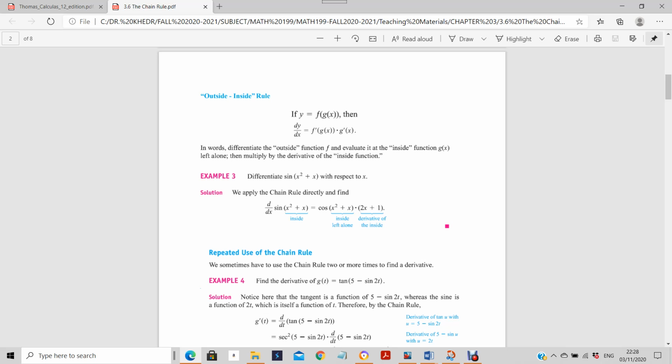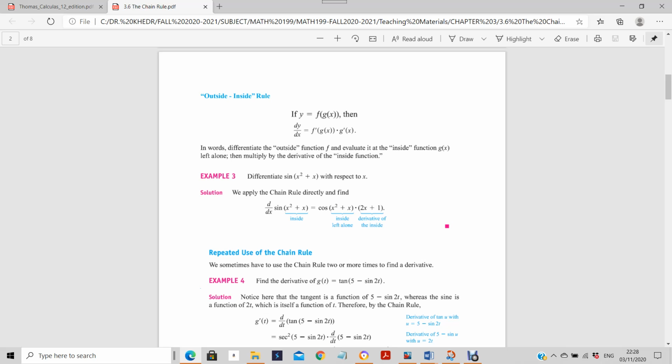Then dy by dx equals the derivative of the function f multiplied by the derivative of the function g. Okay? So in other words, differentiate the outside function f and evaluate it at the inside function g of x left alone. Then multiply by the derivative of the inside function.